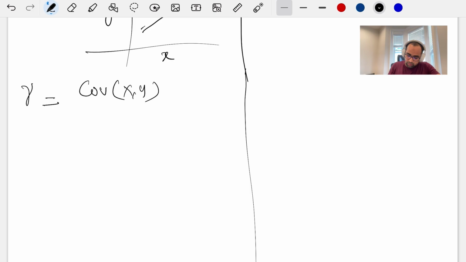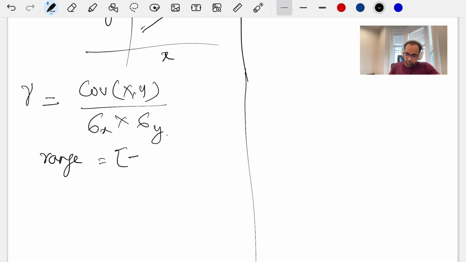It is nothing but the covariance of x and y, standardized, which is the standard deviation of x times the standard deviation of y. I'll not go too deep into this; I'll explain it later. So basically, the range of correlation would be from -1 to +1.